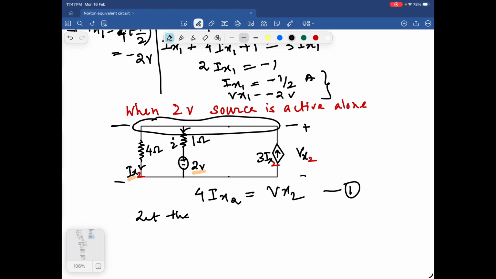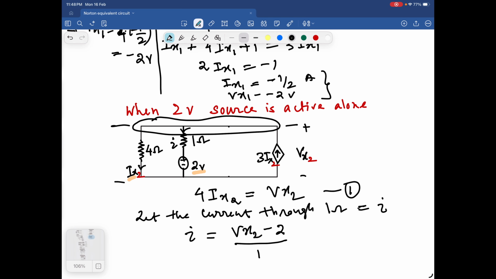Let the current through 1 ohm be I. So I is equal to Vx2 minus 2 volt divided by 1.